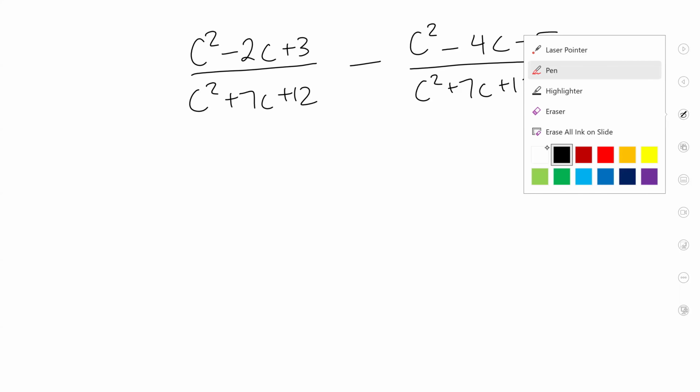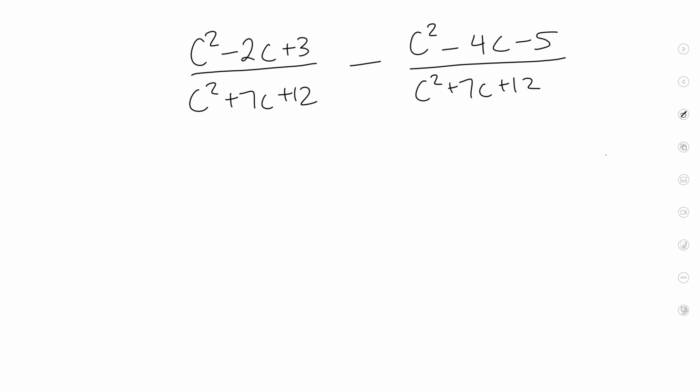Okay, this is a question on y'all's practice. I saw every class factor the numerator here, factor this one, and factor this one. You don't have to do all of this factoring. Do you guys see that the denominators already match? These denominators are the same. If they're the same, just carry it over. So copy it down, c squared plus 7c plus 12, that's your denominator.